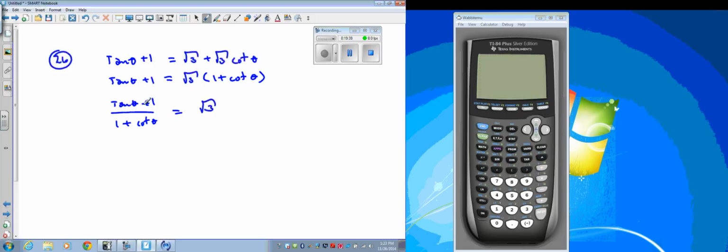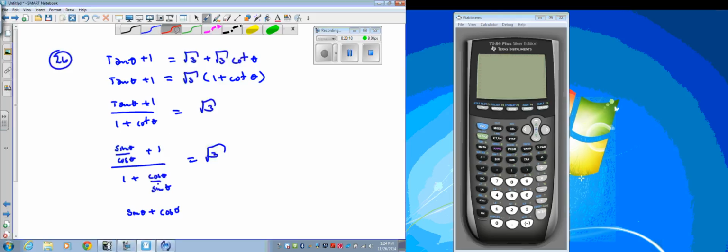And I can write this numerator as sine theta or cosine theta. And I can get this over common denominator. This has to be cosine over cosine. And then this one would have to be sine over sine.